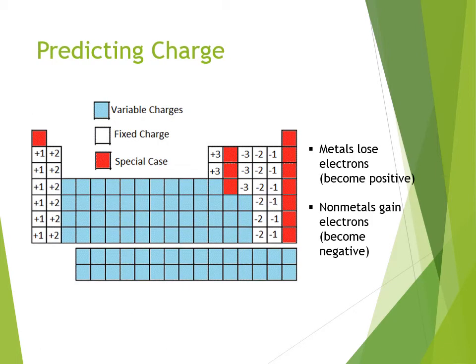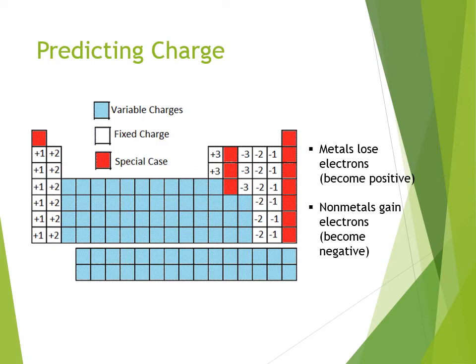So predicting charge. Here's a table showing the fixed charges of the main group elements. Notice variable charges in blue here. We're looking at the transition metals and some of the semi-metals. The reason those are variable charges is because they can form multiple different charges.